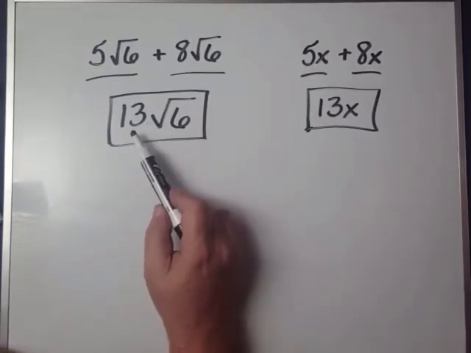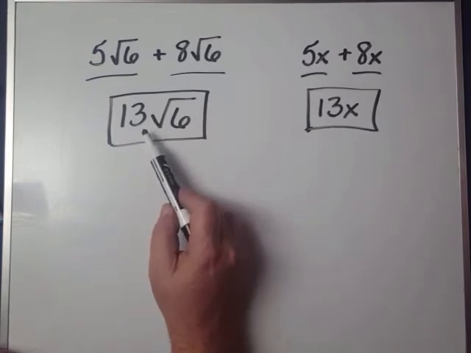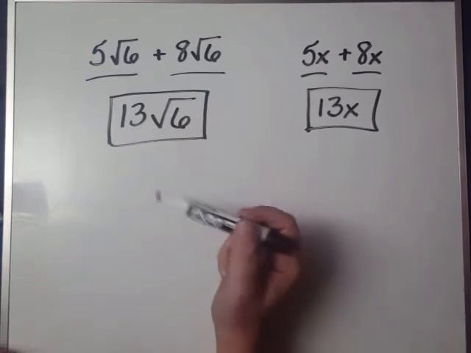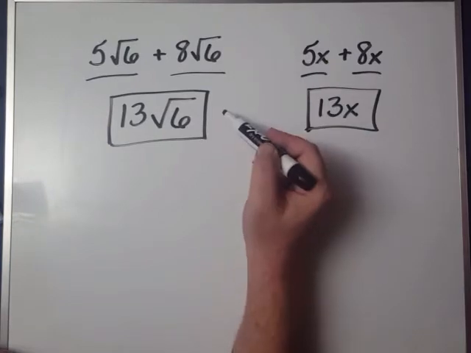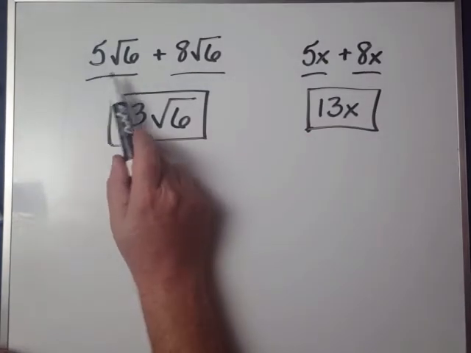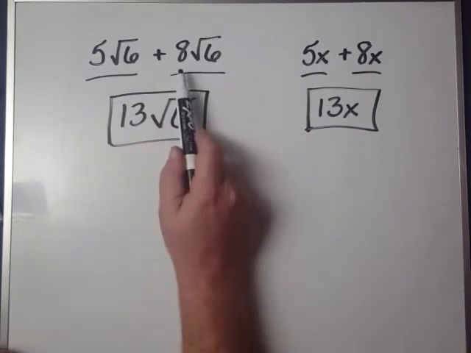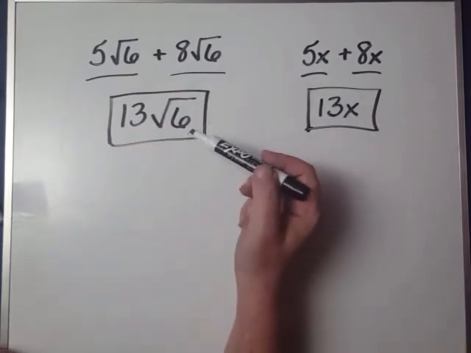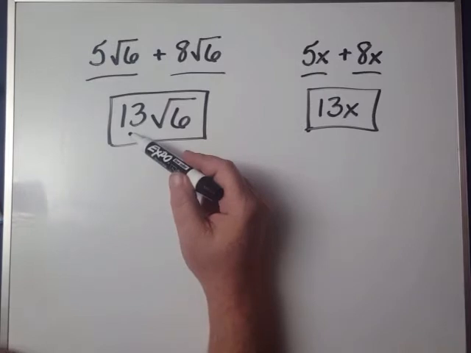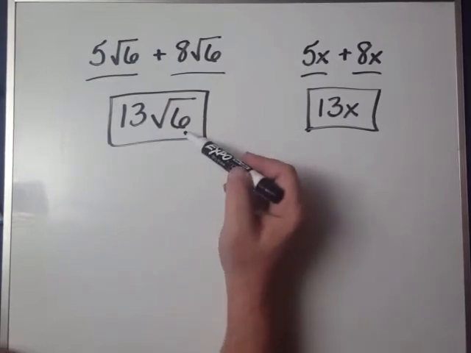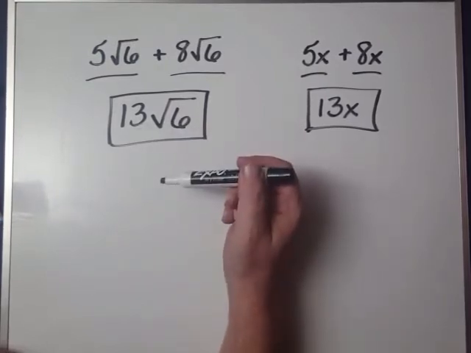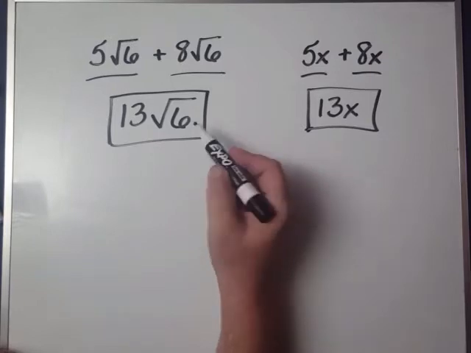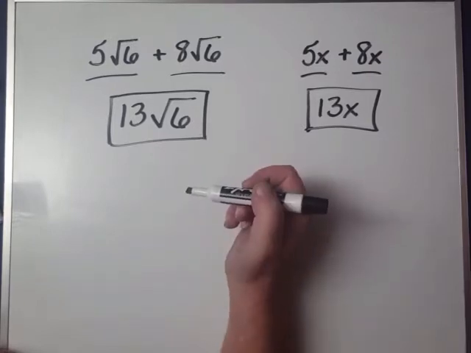I say 13 square roots of 6. That's an older way of saying it, but I think it really makes sense in light of these problems. It just sounds like it should be a total of 13 square roots of 6. 13 of them. 13 what? 13 square roots of 6.